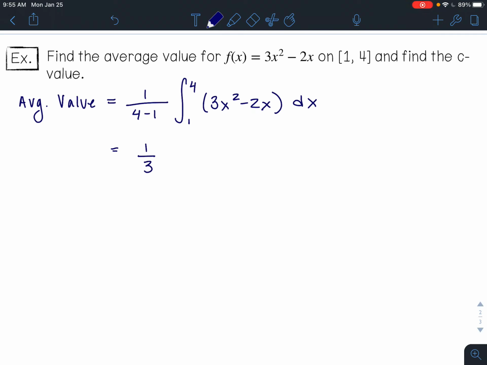So I'm going to get 1/3 times, if I integrate on the inside, x cubed minus x squared, evaluated from 1 to 4.